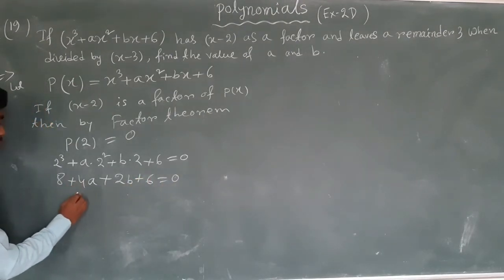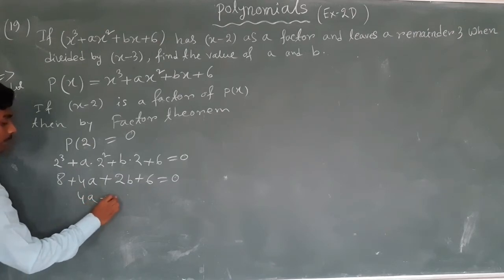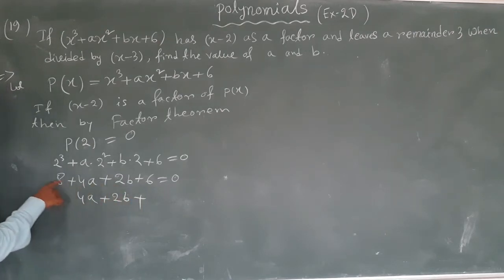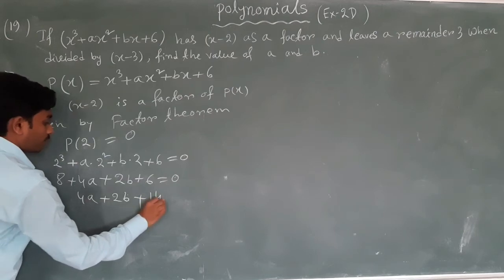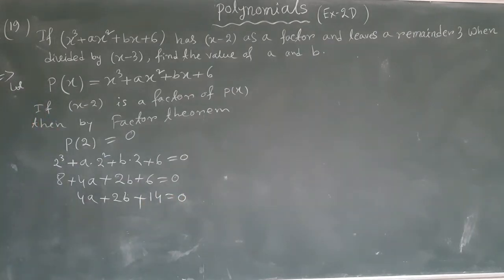So 4a plus 2b plus 8 plus 6, 14 is equal to 0.